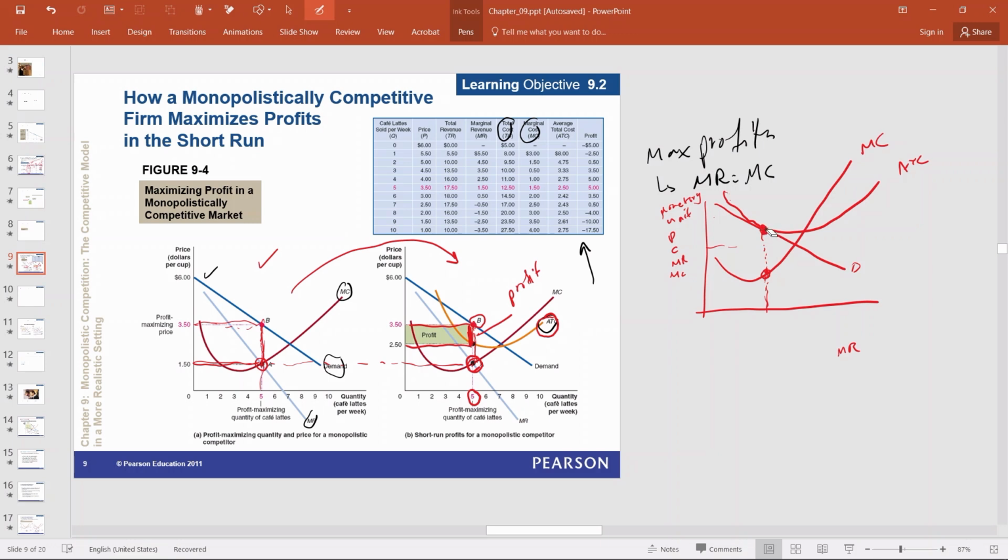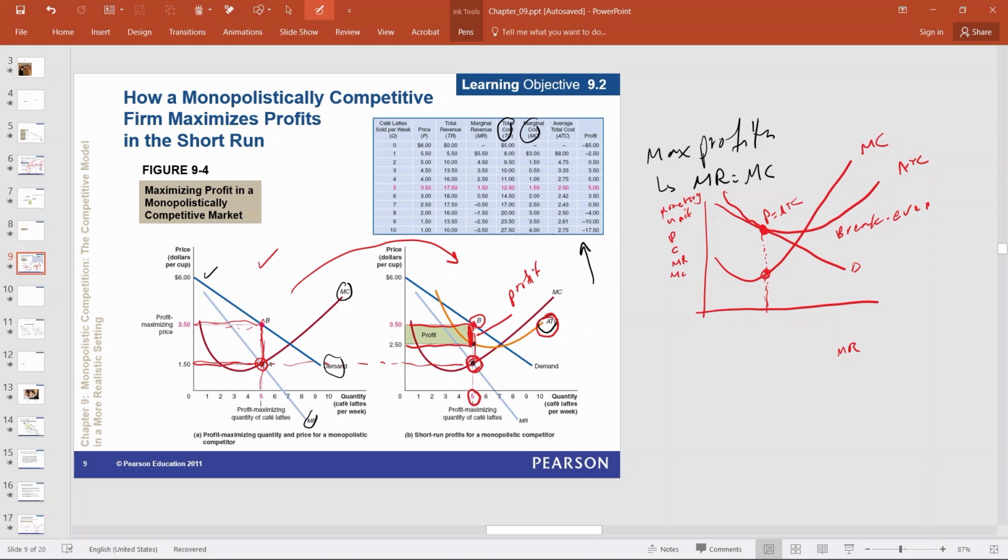So in this case, there is no profit at all because the price here is equal to average total cost. So there is no profit at all here. That's why this is the break even point, where there is no loss and no profit.